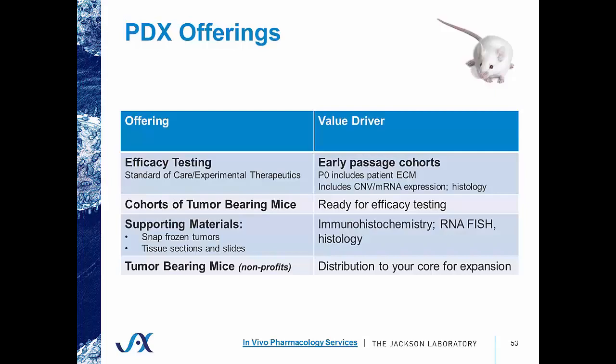We also offer cohorts of tumor-bearing mice in which you perform the efficacy testing of your compound at your own facility. We also have a number of supporting materials, including snap frozen tumors and tissue sections and slides that can be used for validation purposes. And finally, for our nonprofit customers, we have tumor-bearing mice in which you can passage that tumor into a recipient NSG mouse.